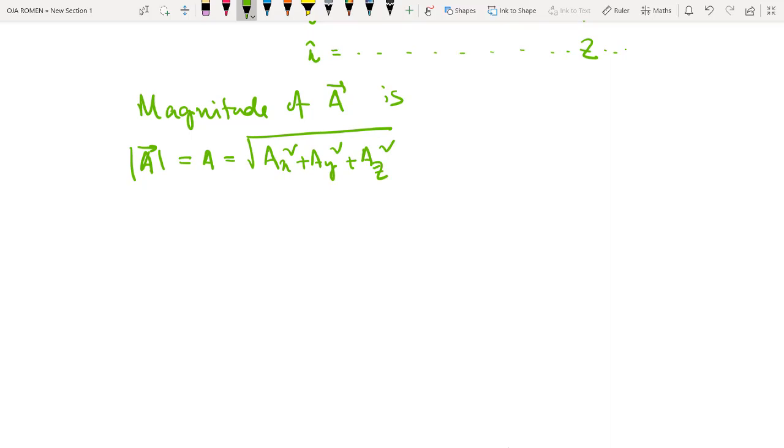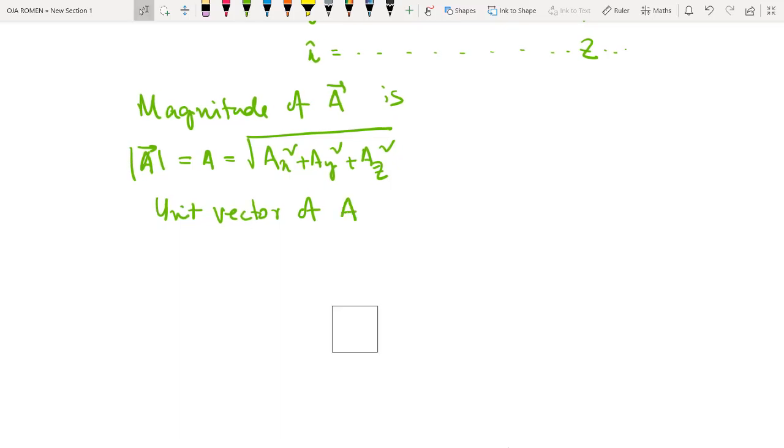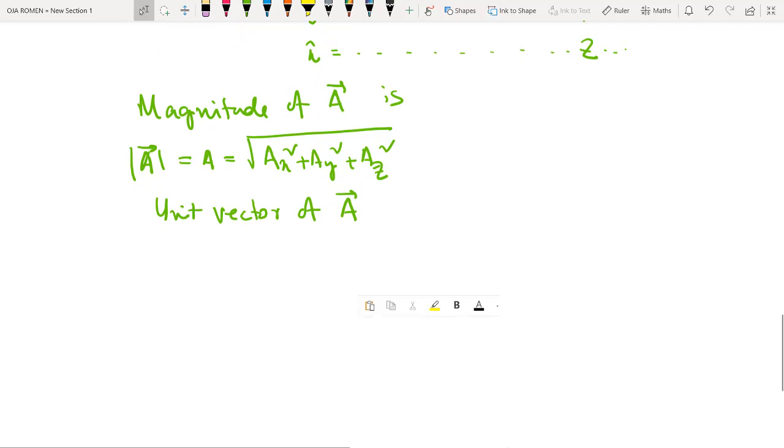And the unit vector of A is A cap, equal to the vector divided by its magnitude.